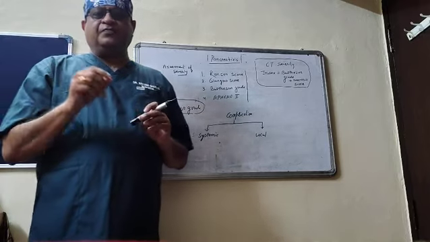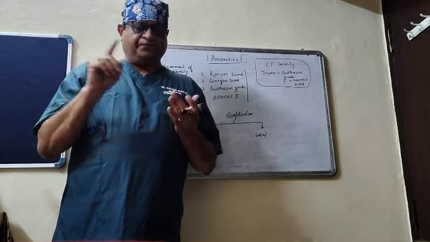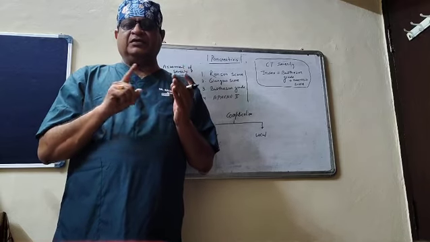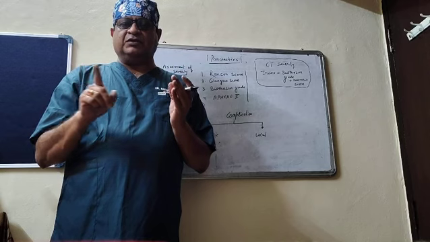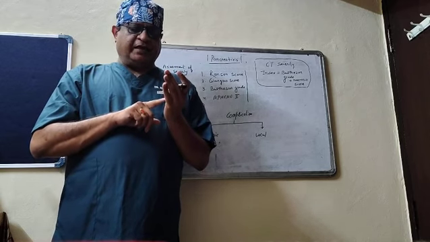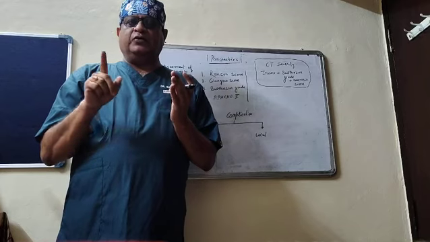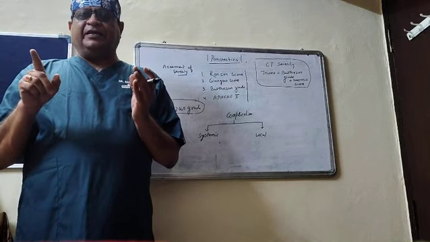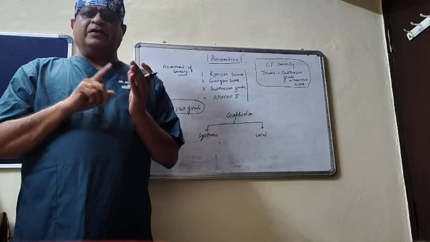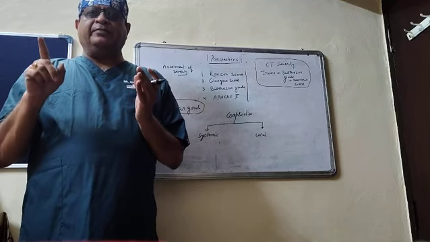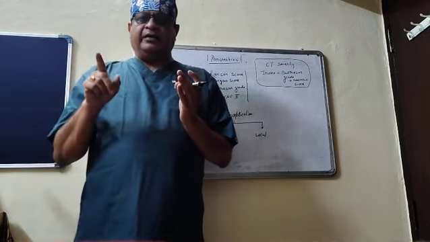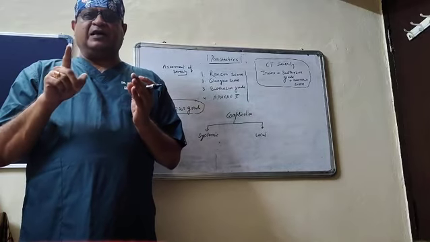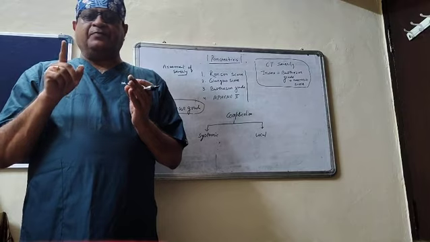In the Ranson score, at the time of admission: first, age more than 55 years; TLC count more than 16,000; AST, SGOT more than 250 units per liter; LDH more than 350 units per liter; random blood sugar more than 200 milligram per deciliter; partial pressure of oxygen less than 60; and serum calcium level less than 8 milligram per deciliter.